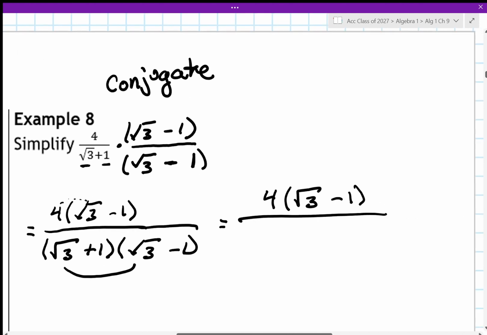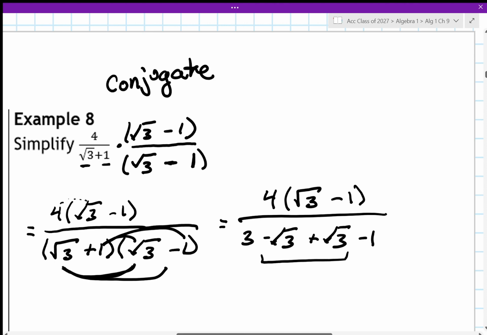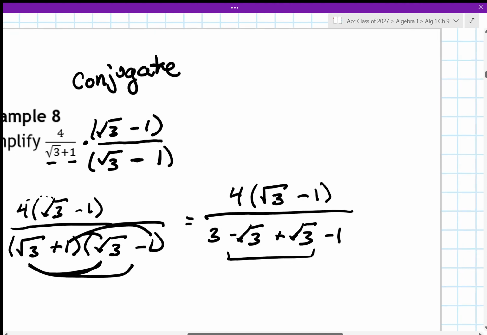My denominator, I have the square root of 3 times the square root of 3 gives me a plain old 3. Square root of 3 times negative 1 is negative root 3. 1 times the square root of 3 is positive root 3. And then 1 times negative 1 is negative 1. These two middle terms are going to cancel because it's the positive and the negative version of the same thing.